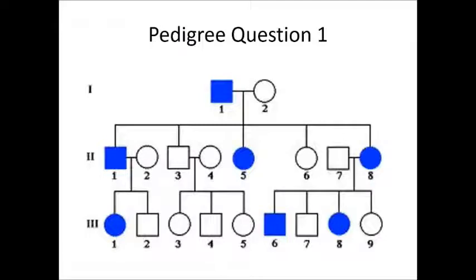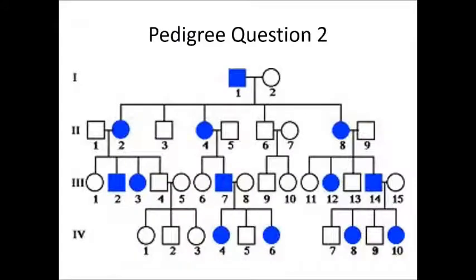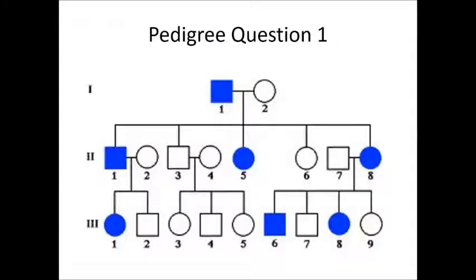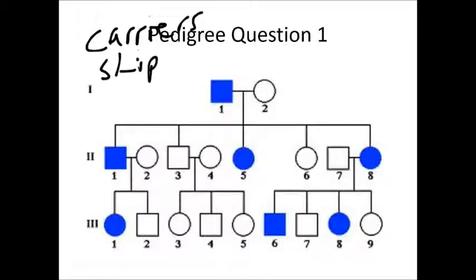If either one of those is true, if there are carriers, or if the trait skips generations, that should tell you that the trait's recessive. So again, are there carriers, or are generations skipped? If the answer to either one of those questions is yes, that indicates recessive.